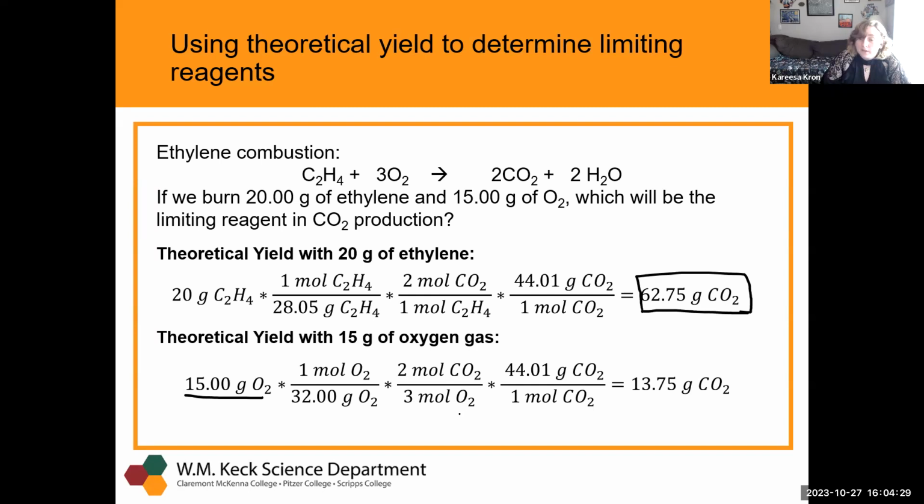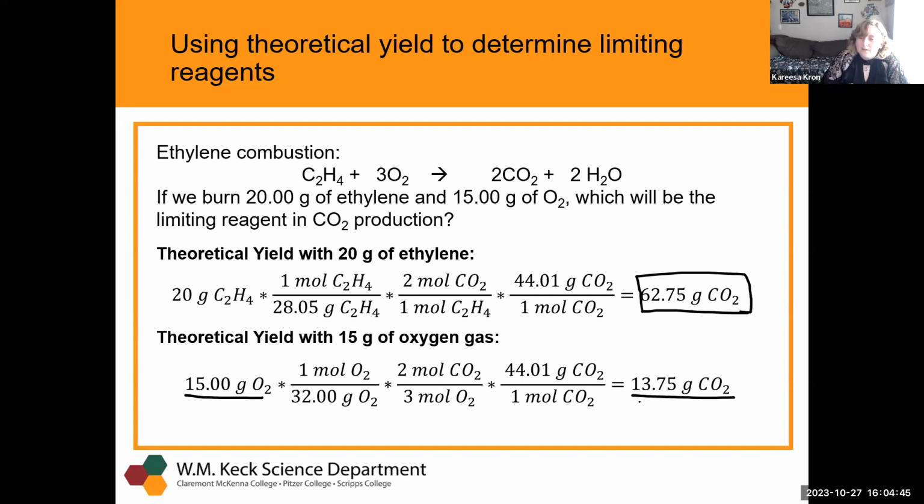So I have a different stoichiometric factor this time because I'm talking about a different reagent or reactant. And then I use the same molar mass to say that if I had 15 grams of O2, I could produce 13.7 grams of CO2.